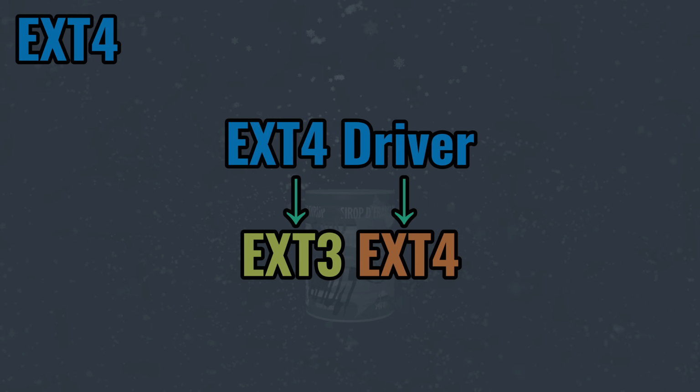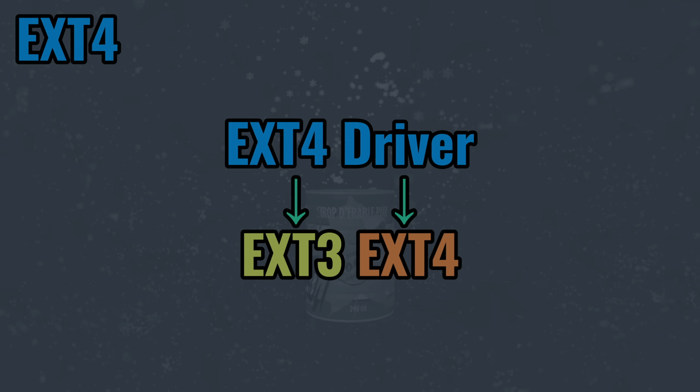Now, when I say that they didn't need to make it compatible, there was still a small rule that it needed to be backward compatible, and by that I mean that the EXT4 file system driver should be able to read an EXT3 partition. In fact, the EXT3 driver from the kernel has been completely removed, and it's now only EXT4 that is mounted with a bunch of flags to remove features.